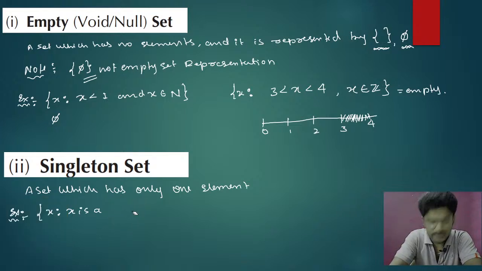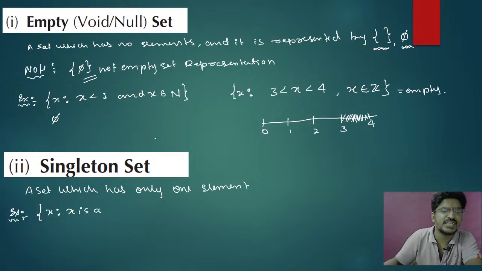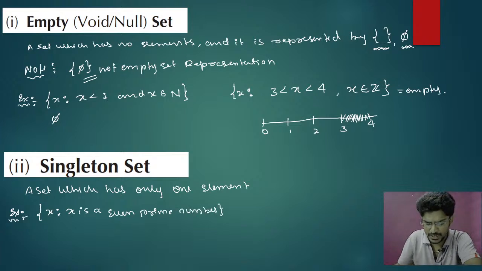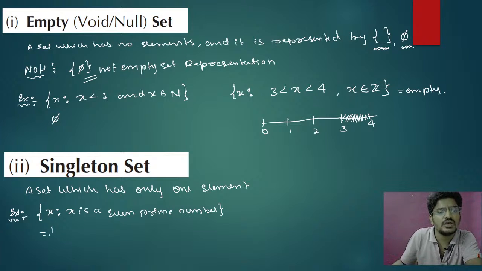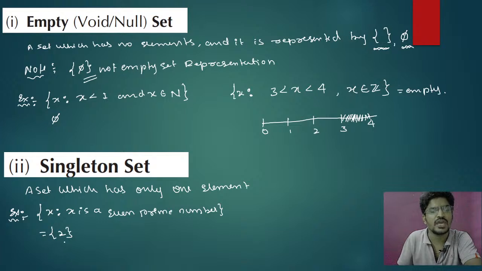So here I will write example as x such that x is a even prime number, because all of us know that the even prime is only 2. That means it will be equal to 2. Okay, set which has 2. So therefore it is singleton set because it has only one element.